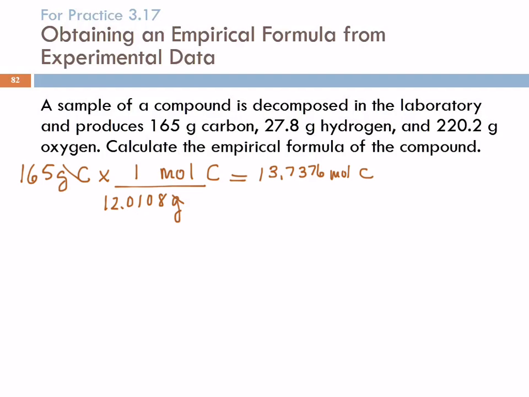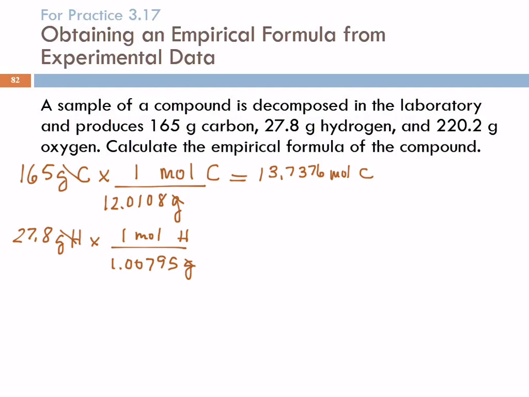And then I look at the mass of hydrogen, 27.8 grams of hydrogen. And it's a similar calculation with moles of hydrogen and the molar mass, 1.00795.